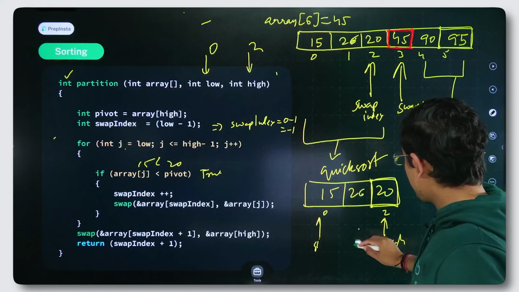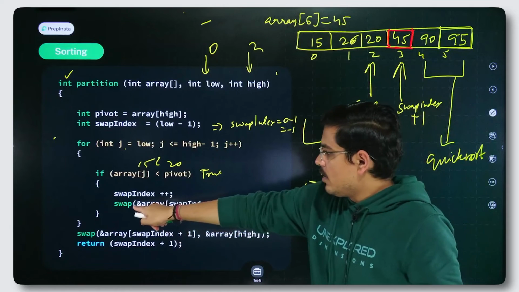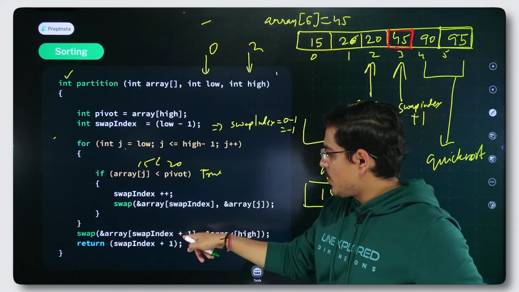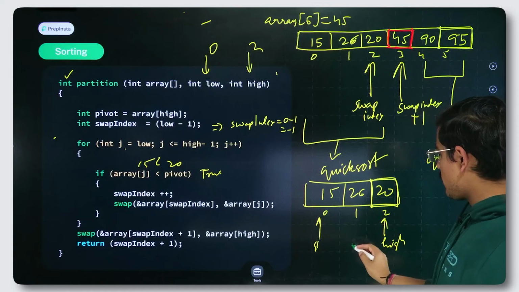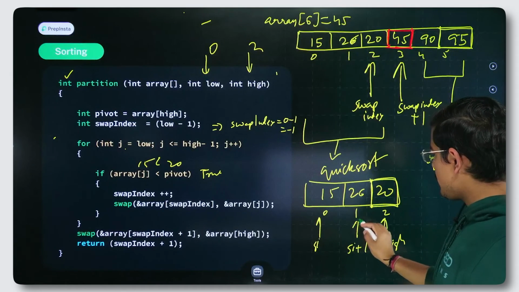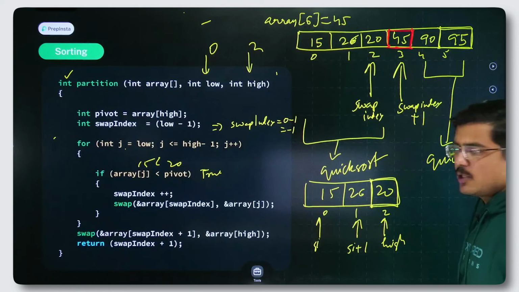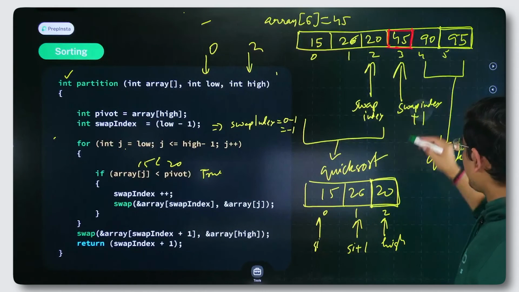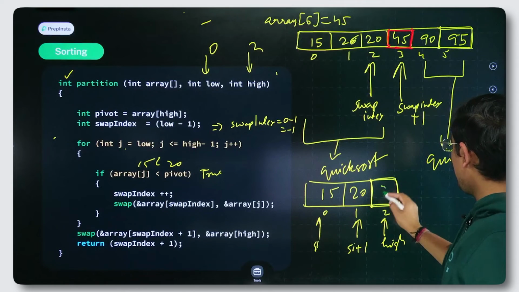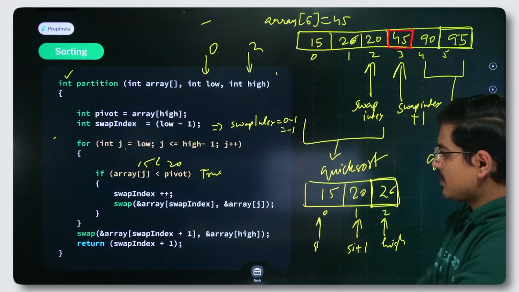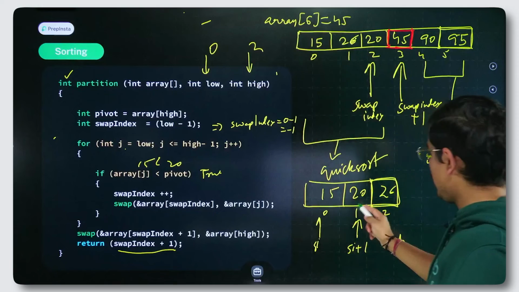So let's finish this execution, let's forget j, and at array of swap index plus 1, at this place, swap index is 0, so swap index plus 1, SI plus 1, is this place. You swap that element with the element that is present at high, which is being pointed out by high. So I replace them, and if you carefully see, now my pivot is at its correct place. I return swap index plus 1 as the value, which is nothing but 1.